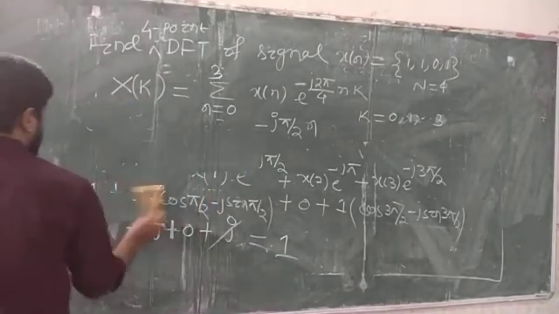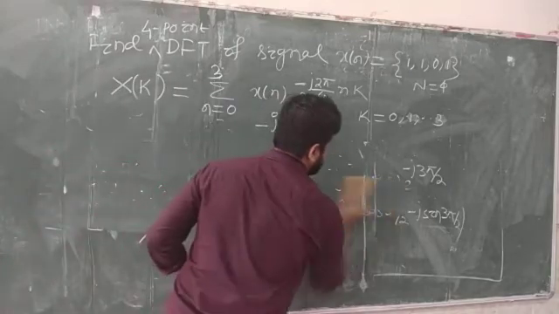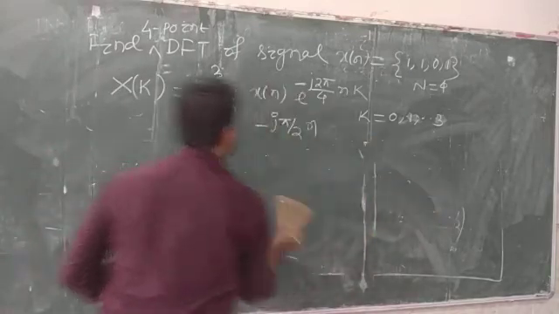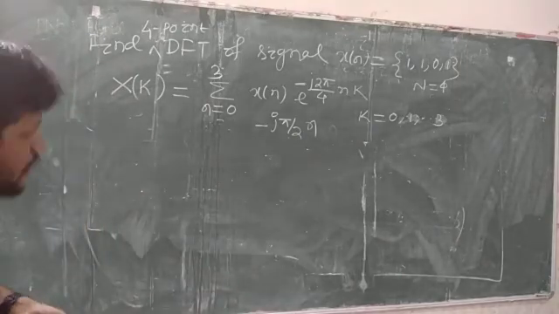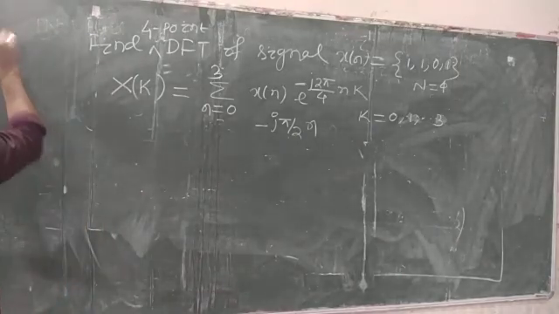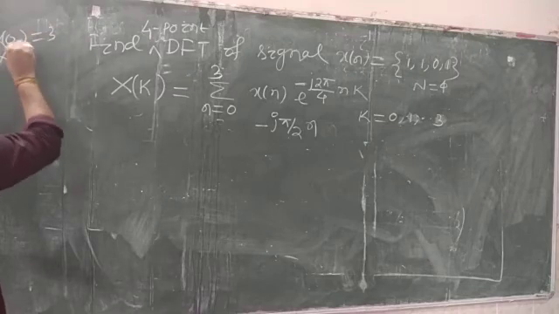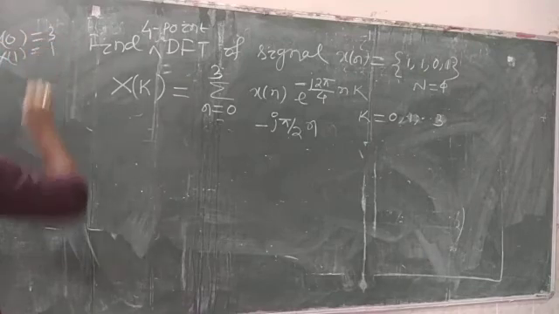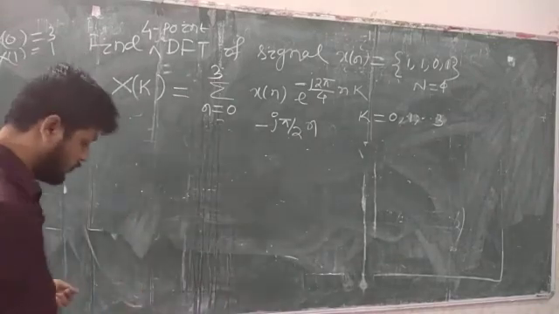Then we have to find this; x of 0 value is 3 and x of 1 value is 1. Then we have to find here x of 2.